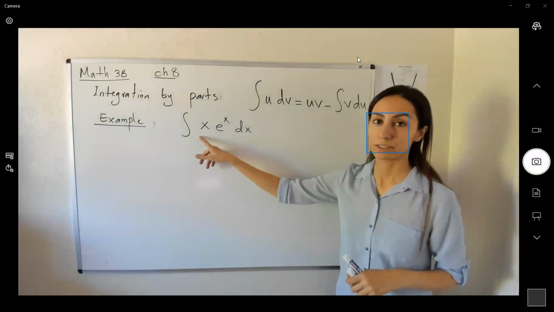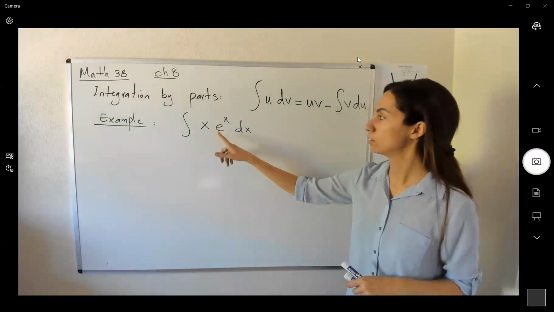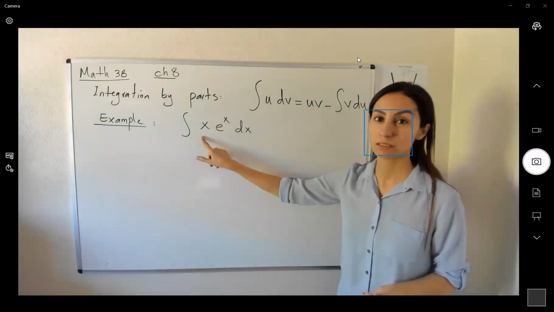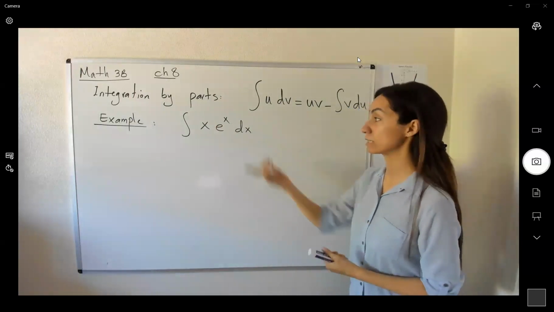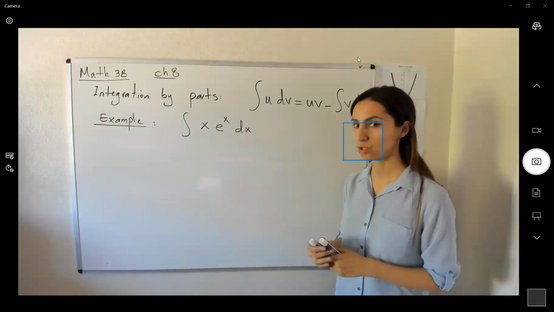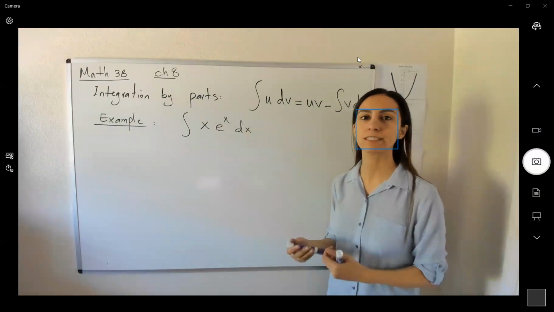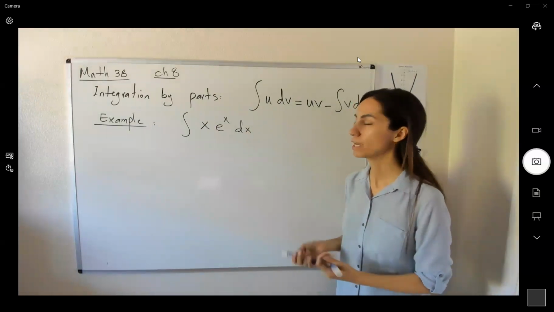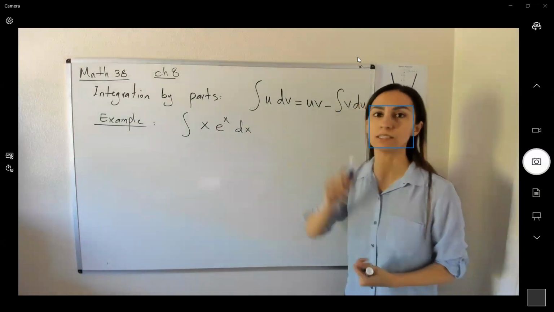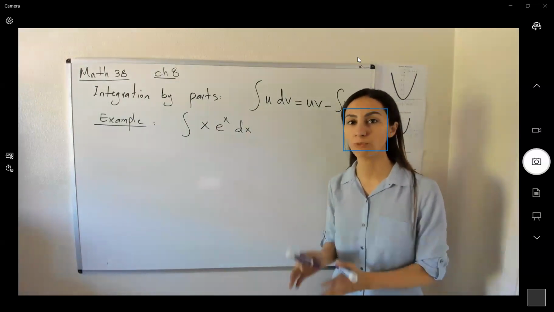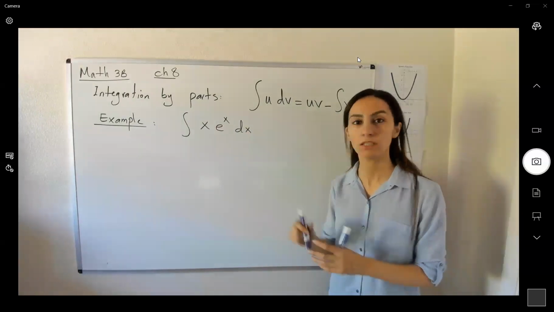I need to identify u. u is x, or u is e^x. What is dv? Is it just dx? So you have to try to investigate which one is the best selection for u and dv. There is no easy way. You have to check each option.